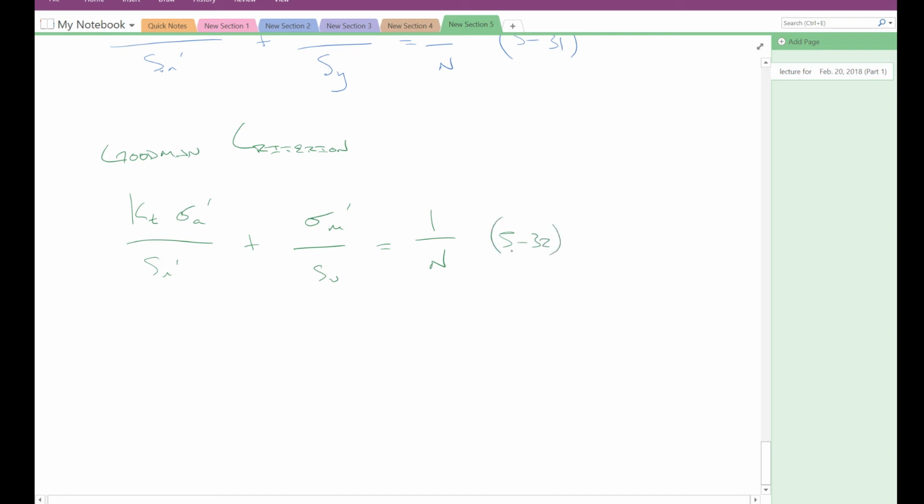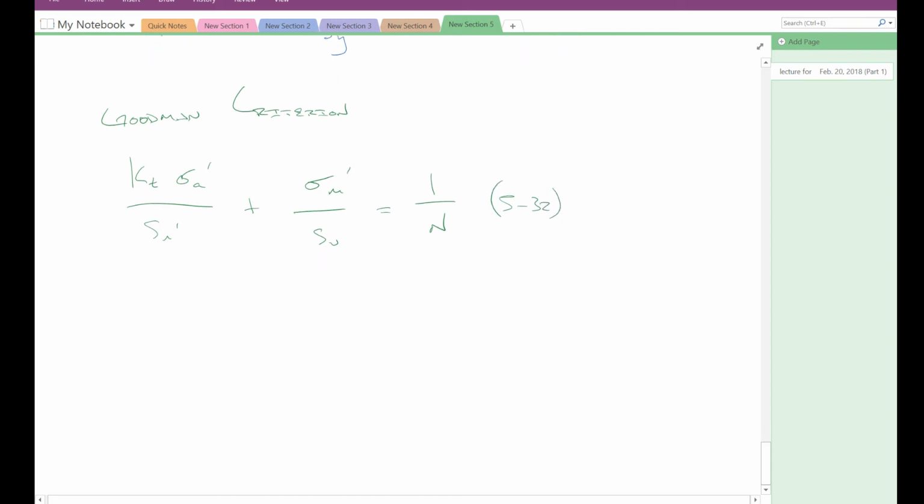All right. Similarly, we can check for our early cycle yielding with equation 5-34. Right. Yes, I did skip 5-33, but that's okay. I'll get it here in just a second. And this is going to look like our stress concentration factor times our alternating stress prime over our yield strength plus our stress concentration factor times our mean stress prime over our yield strength is equal to 1 over n.